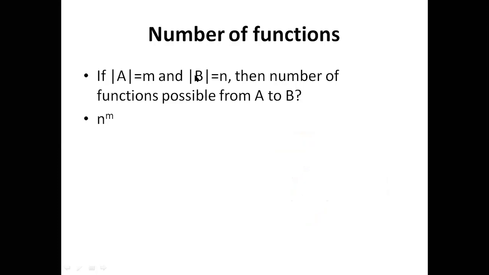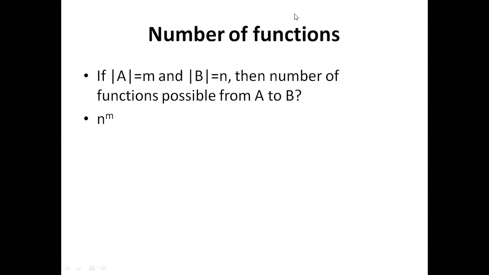Now how many different functions are possible if we are given two sets? So here m elements are in set A and there are n elements in set B. Then the number of functions possible from A to B, the answer is n to the power m. How?